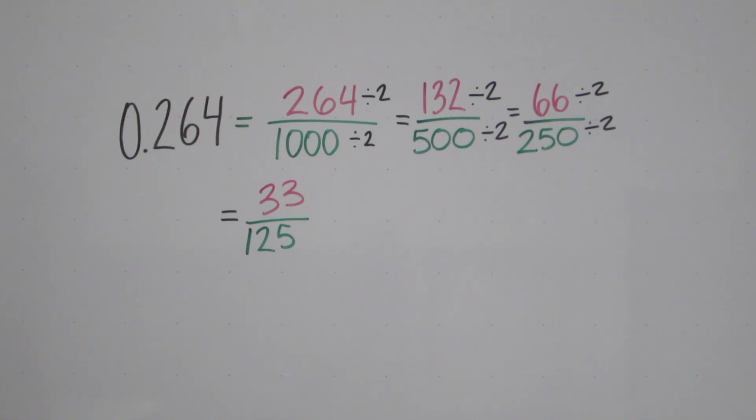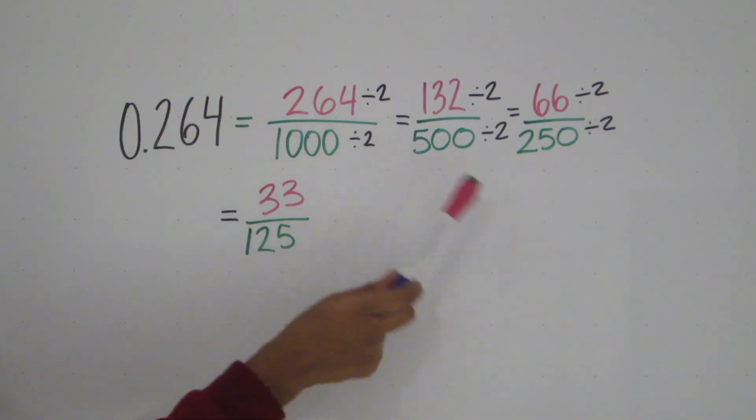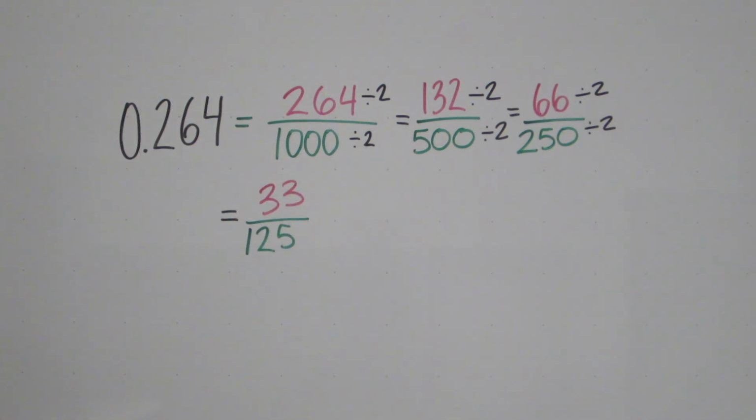There isn't. So now we're done reducing. I hope you guys get the idea. When you're reducing, you can go step by step like what I did here. So this means that our final answer is 33 over 125. And that's it, guys. That's how you write a decimal as a fraction.